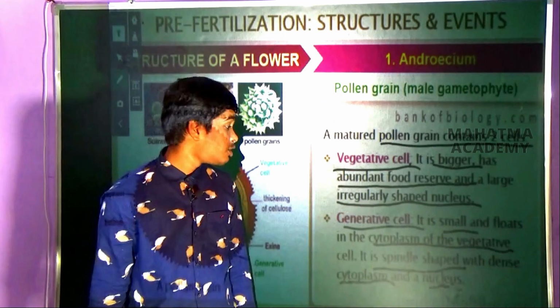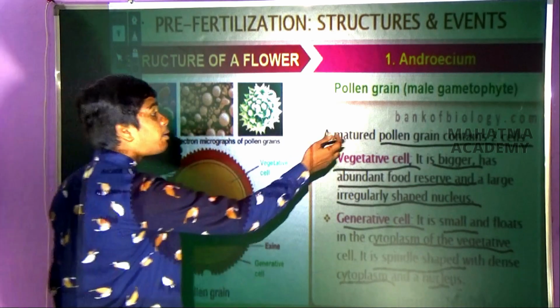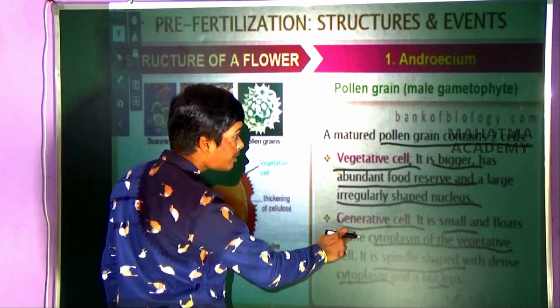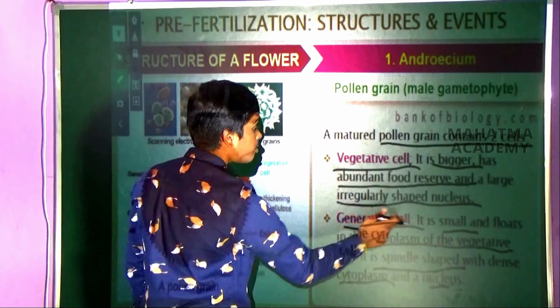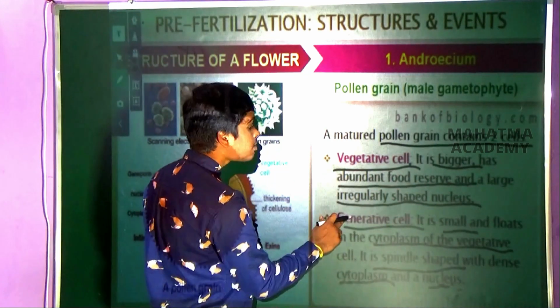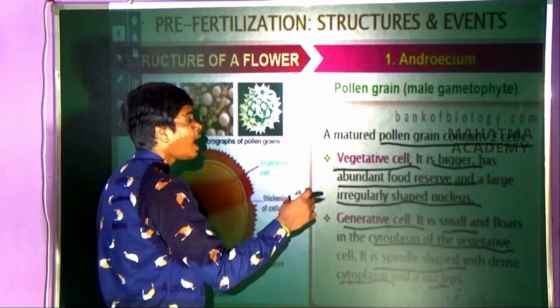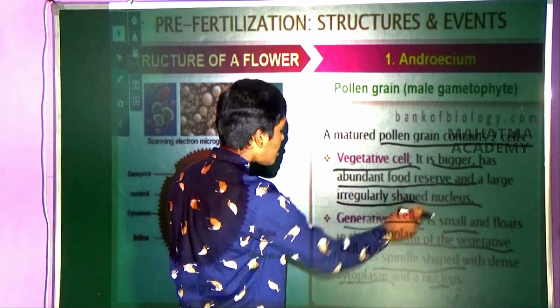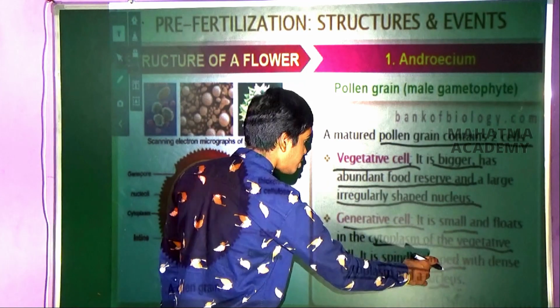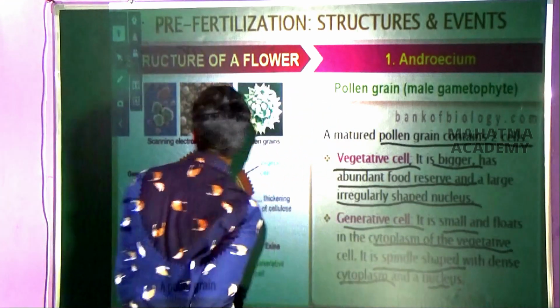So a pollen grain has a vegetative cell, which is bigger with abundant food reserve and an irregular shaped nucleus, and a smaller generative cell floating in its cytoplasm.